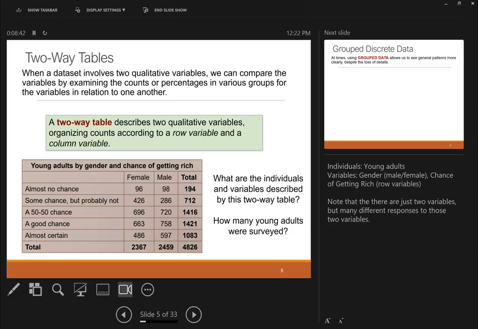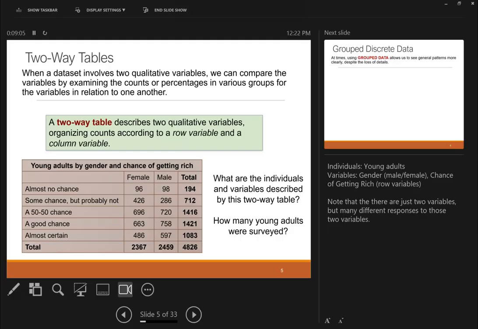So here's an example of a two-way table. Our column variable is the chance of getting rich. The values there are almost no chance, some chance, 50-50 chance, good chance, almost certain.